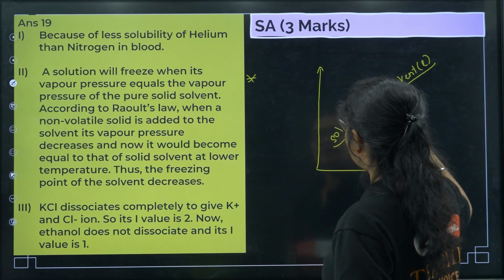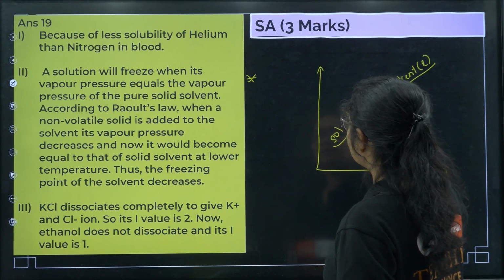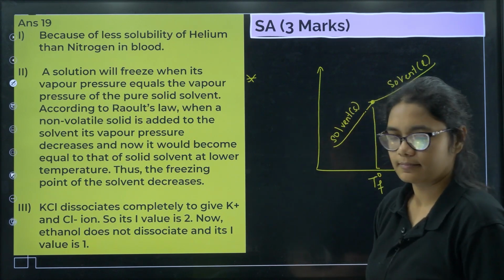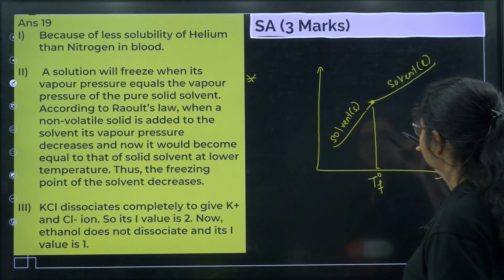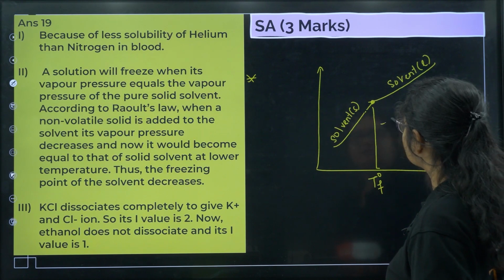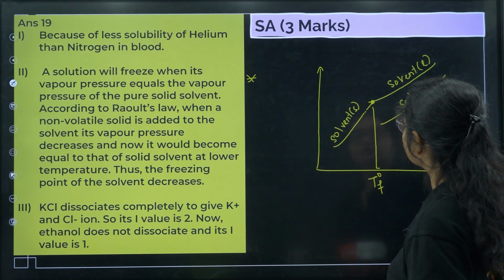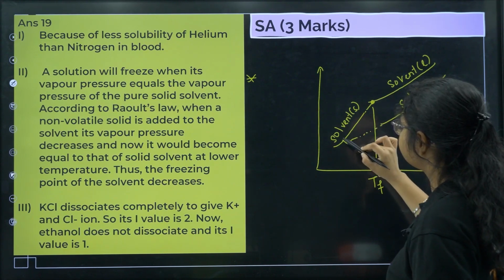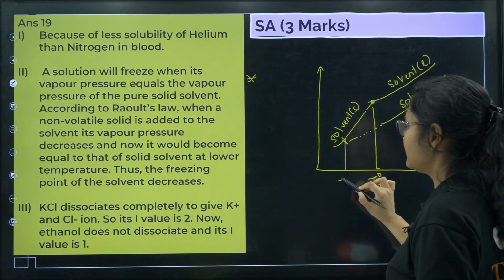Now, when these two meet, this is your freezing point, that is T naught f. Now what happens? You have one more, that is the vapor pressure of the solution. Now this one will come here. When this one meets, this is your Tf.